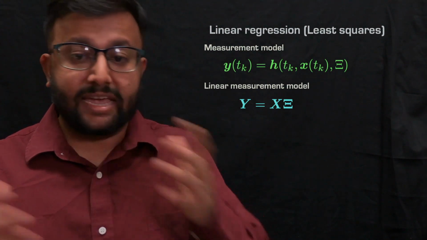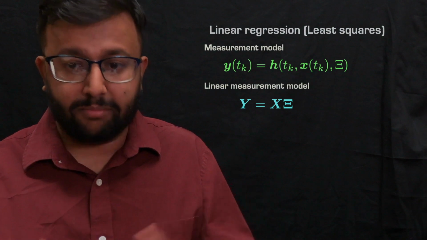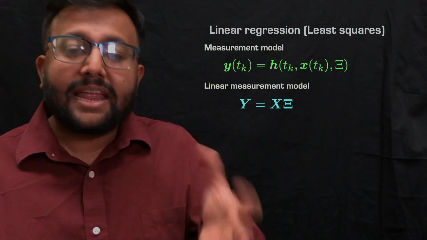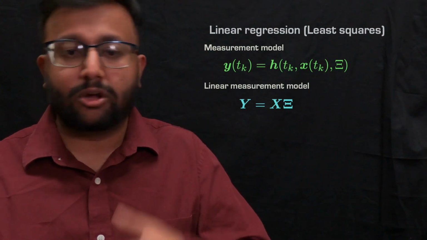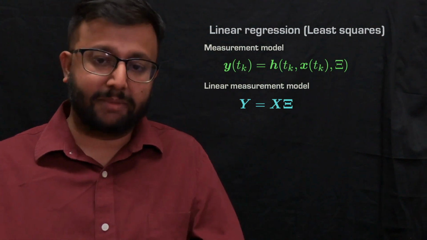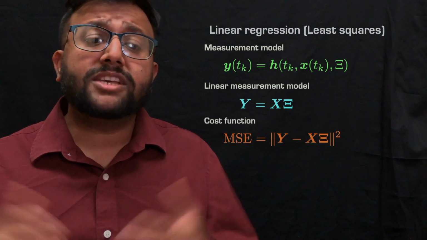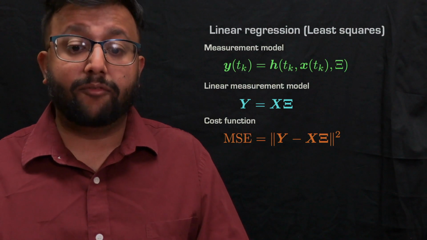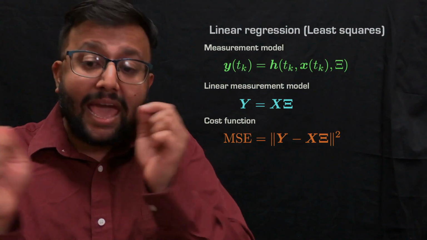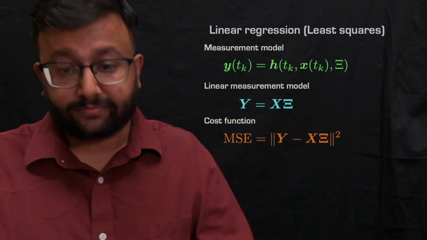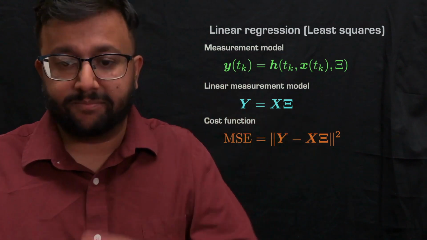Here Y is the dependent variable and X is the independent variable. We can write this model as Y is equal to X multiplied by C, where C is the coefficient matrix. Now this can also be written in the form of a minimization problem where we want to minimize the error between the observed Y and the model. The model is XC, right?